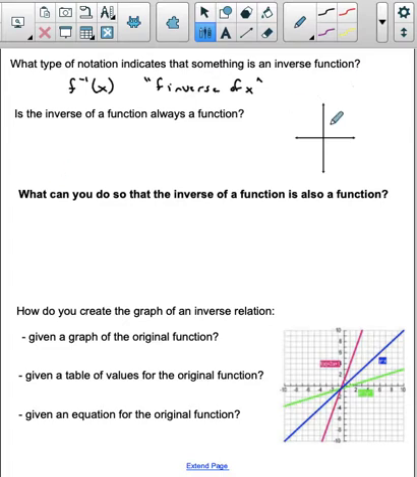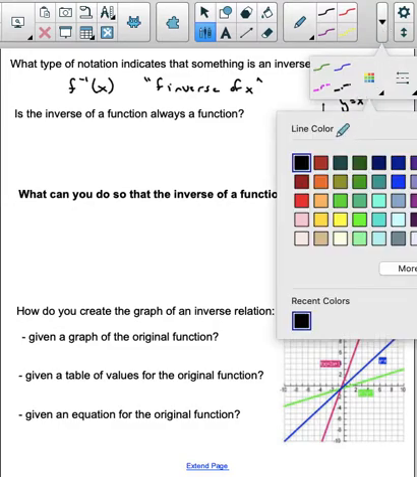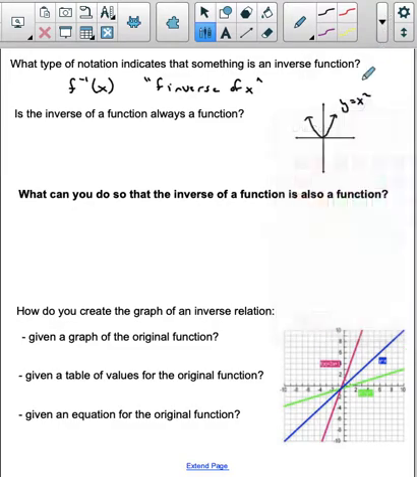And when I ask if the inverse of a function is always a function, I would ask that you think about probably your most popular function that you used the most in the last couple of years, y equals x squared. So if you recall from last year, the inverse of y equals x squared is like x equals y squared.